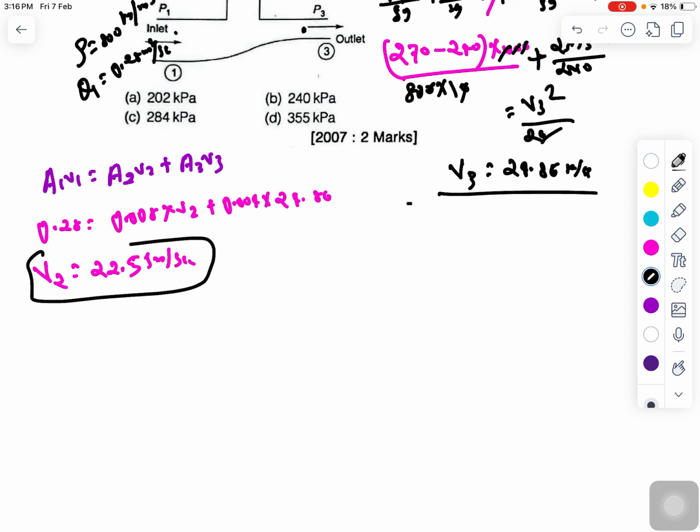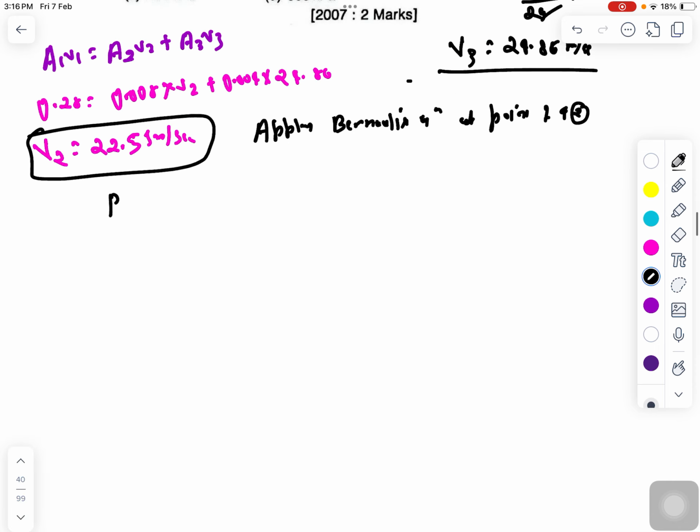So once you get the value of v2, now you can apply Bernoulli's equation at point 1 and 2. Now we can say that p1 divided by rho g plus v1 square by 2g plus z1 is equal to p2 divided by rho g plus obviously v2 square by 2g plus z2.